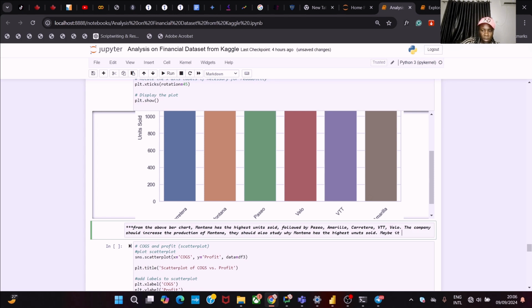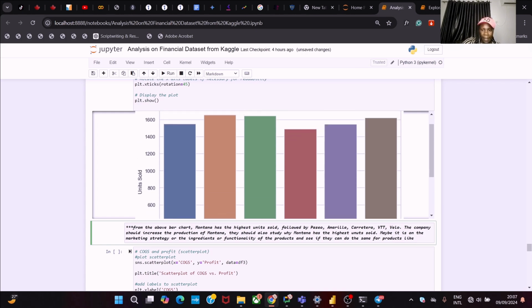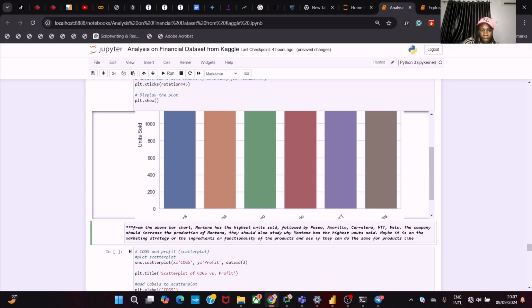Maybe it is the marketing strategy, or the ingredient, or functionality of the product, and see if they can do the same for products like those below.